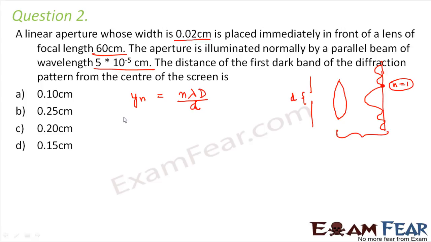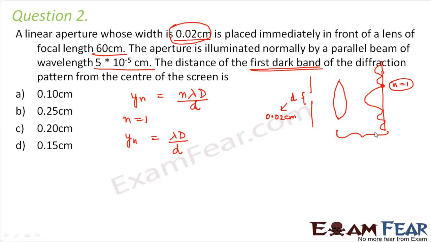In this case, n will be equal to 1 because we have to find the first dark band. So yn is equal to lambda capital D divided by small d. Do we know the value of small d? In the question, the aperture has a width of 0.02 centimeter, so small d is 0.02 centimeter.